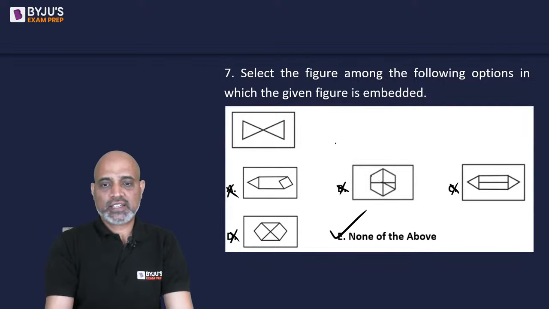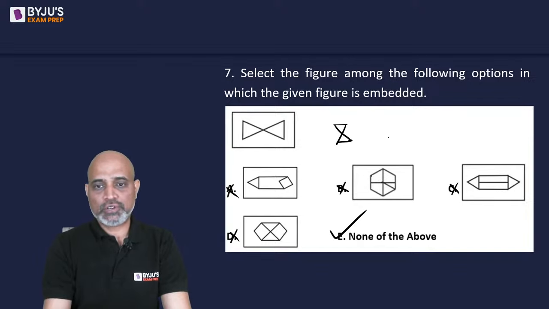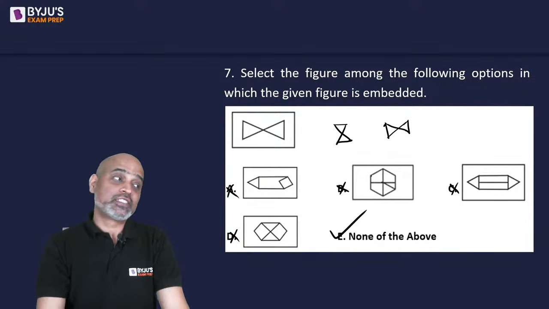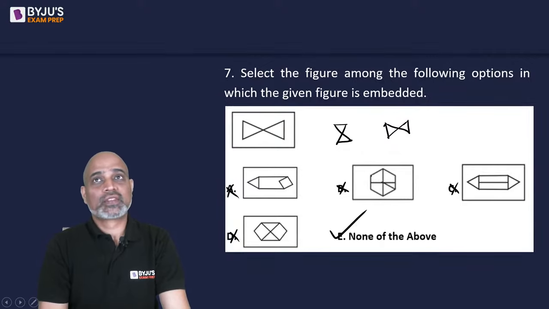गाइस, ये वाला फिगर ये है, आपको ये फिगर चाहिए. Now this is again confusing, because in some questions of embedded figure, the figure can be rotated but it should be seen.